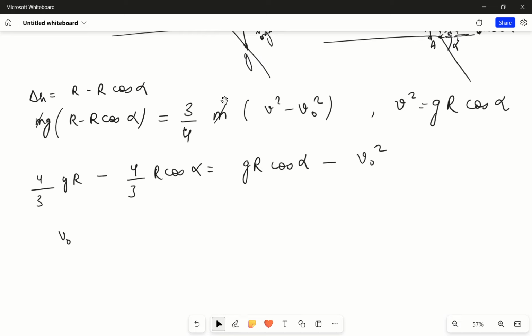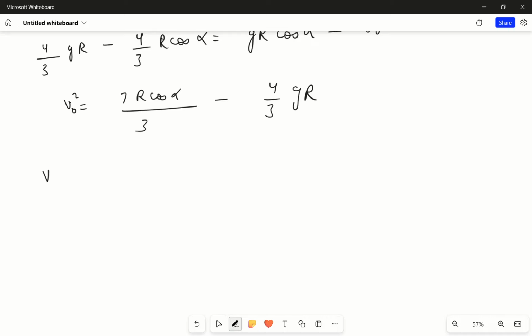So v naught square is equal to 7 gr cos alpha by 3 minus 4 by 3 gr, right?